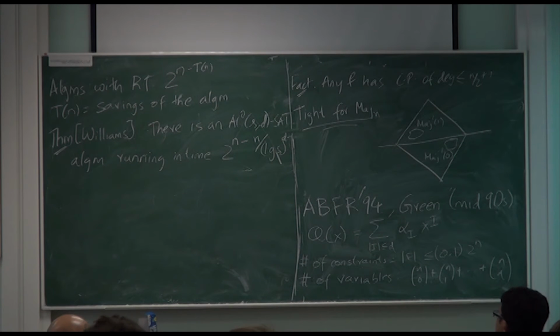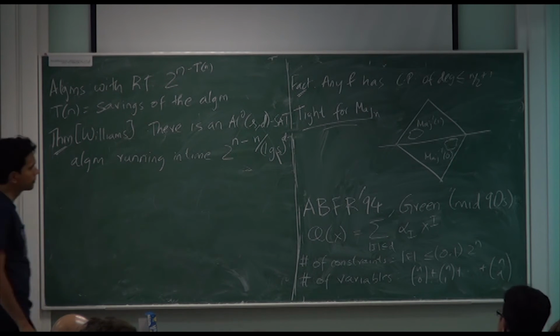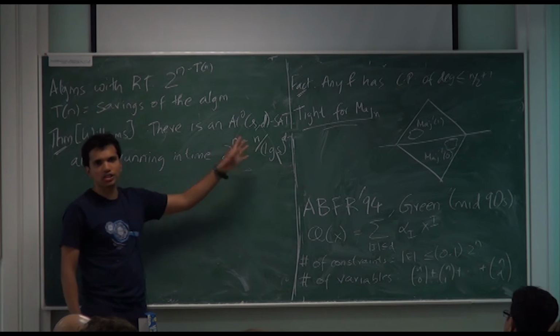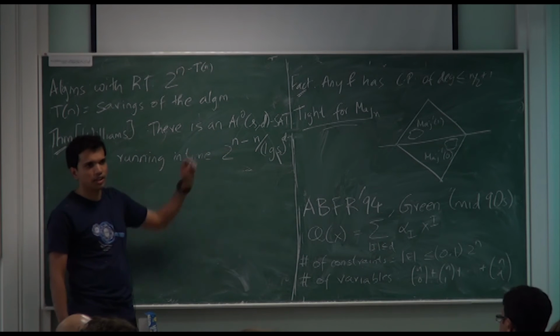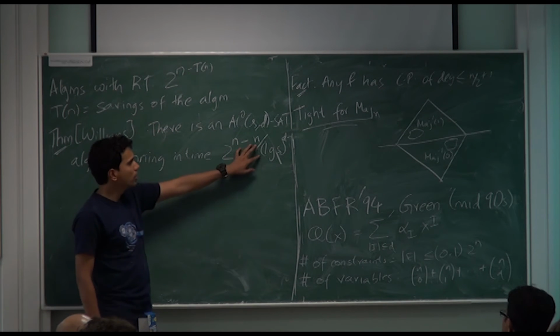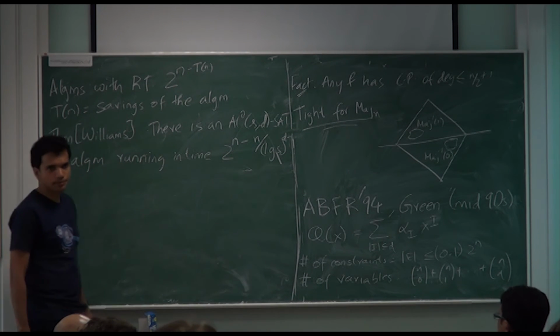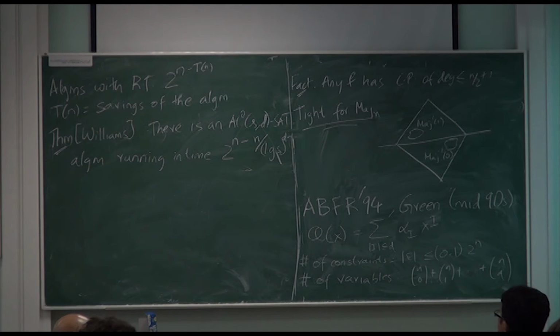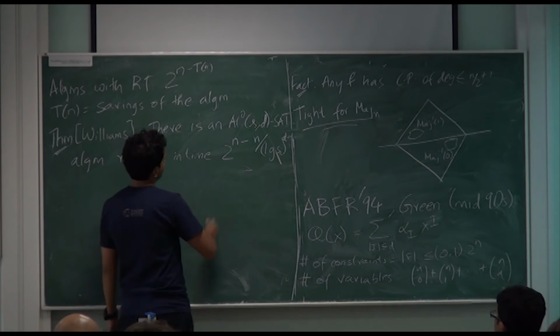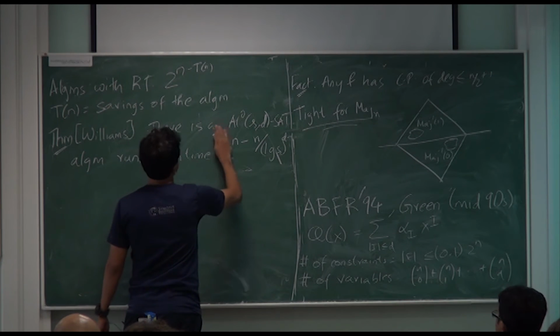So you can get running time slightly better than 2 to the n, and the savings is something like n over polylog in the size of the circuit. If you think of the circuit as being polynomial sized, which is usually what you should do, this is like n over polylog n. This is a randomized algorithm.